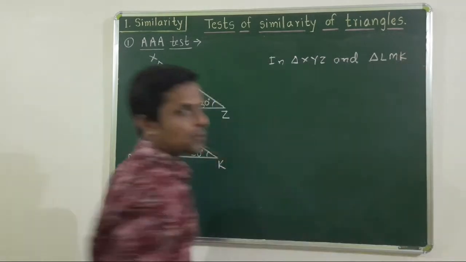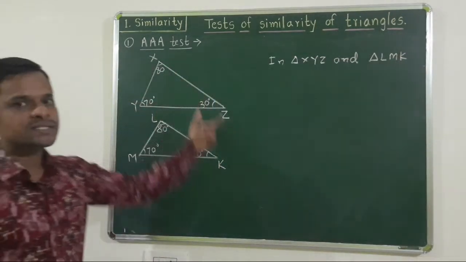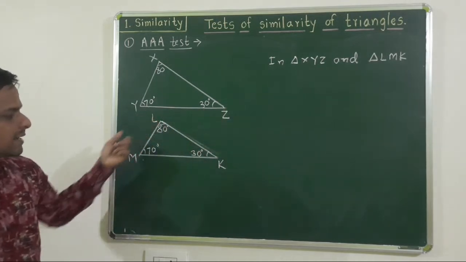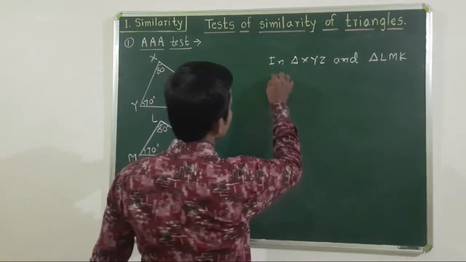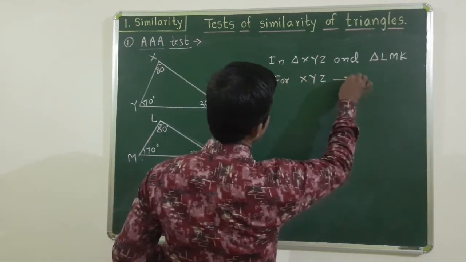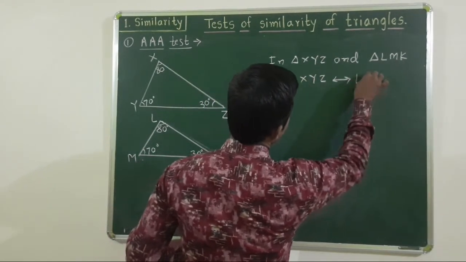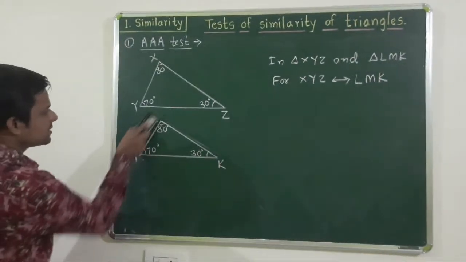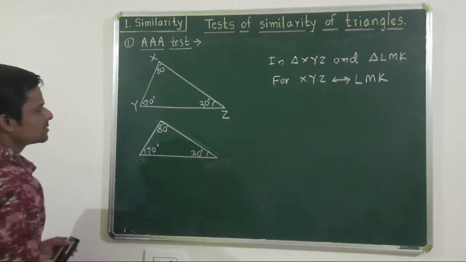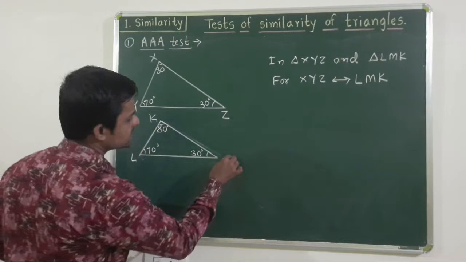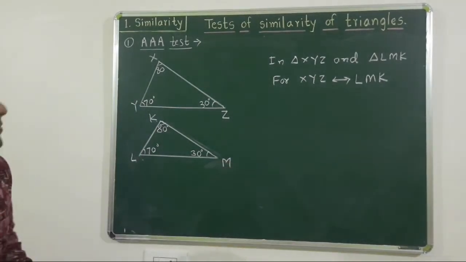Now what is the correspondence between vertices? Out of 6 correspondences, we can write XYZ corresponds to LMK, very simple. But if I change these names like this, suppose K is here, L is here, and M is here, the correspondence between vertices will change.